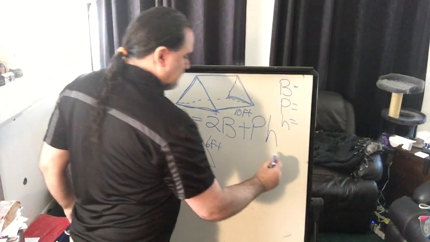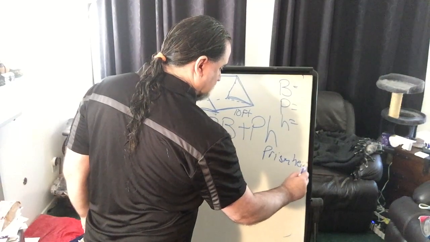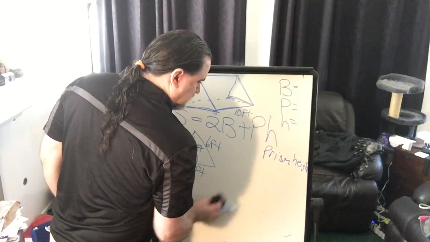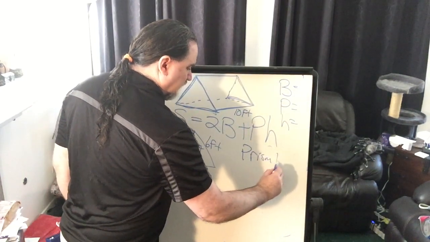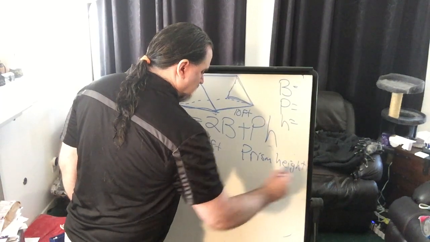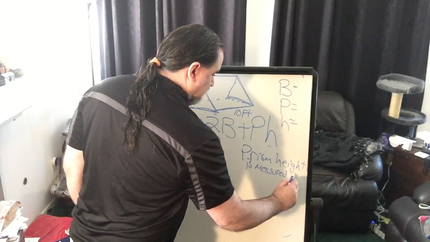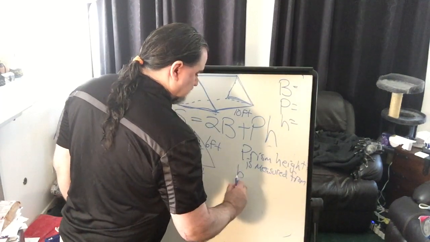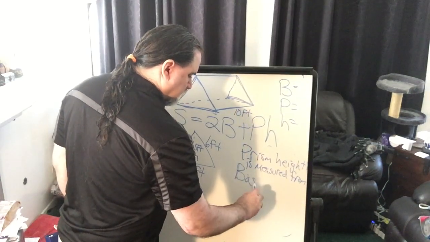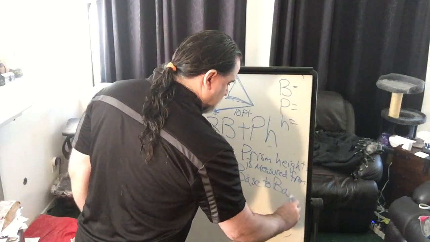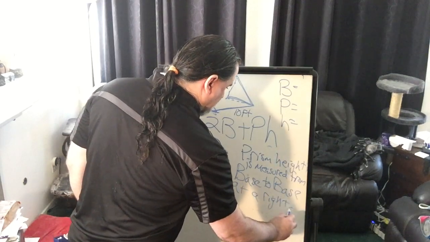So the prism height, let me write that down. Prism height is measured from base, I'm going to use a capital here, Base to Base at a right angle.